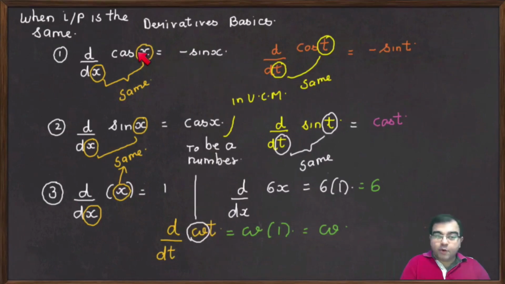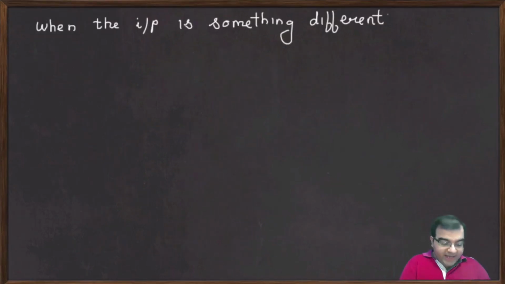Previously we talked about 4 formulas: derivative of cos of input, derivative of sine of input, derivative of input, and derivative of constant. But in all the formulas, the input was similar to the input of derivative. Now we will consider a case where your input is not same. So let's consider your case when the input is something different.